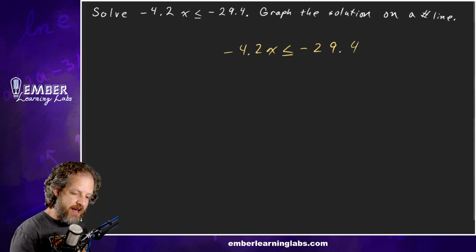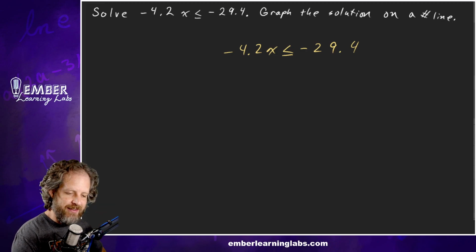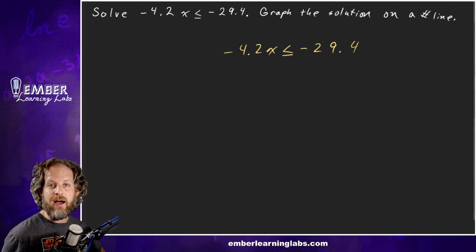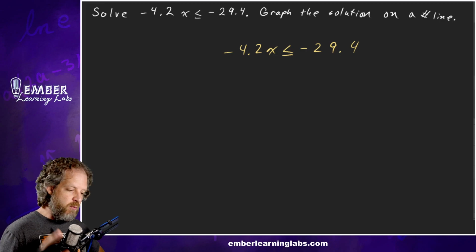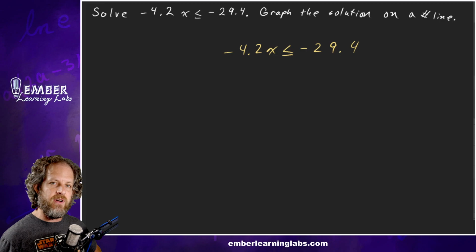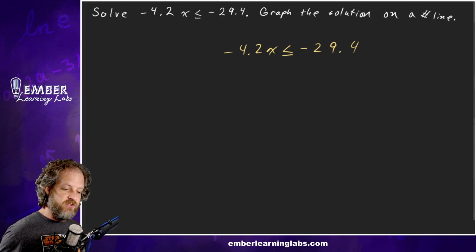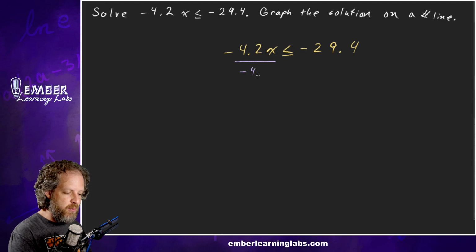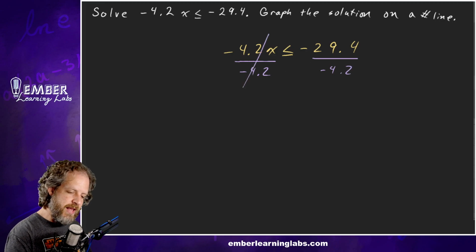Now, if you're remembering some of the things and the cobwebs are kind of auto-dusting a little bit, you may already spy in this particular problem the one major place where doing an inequality is different than an equation. So let's do it. We are going to do the opposite. We're going to divide by negative 4.2, right? So we're left with x on this side.